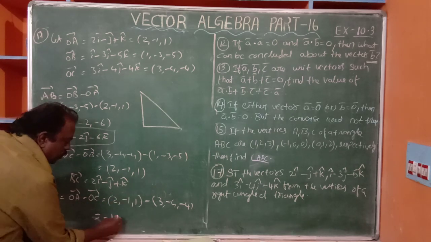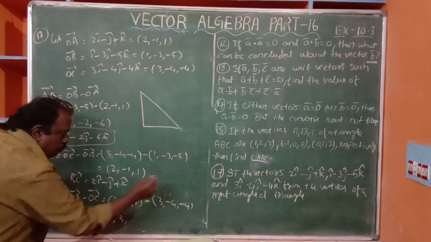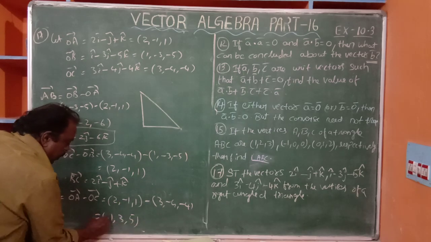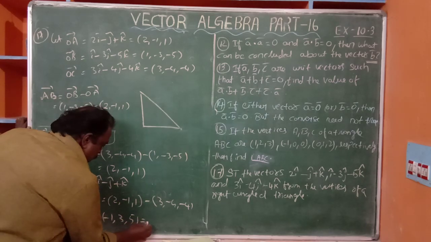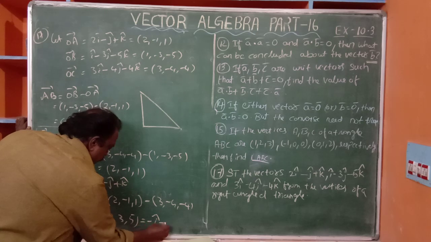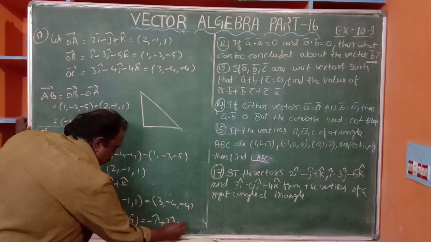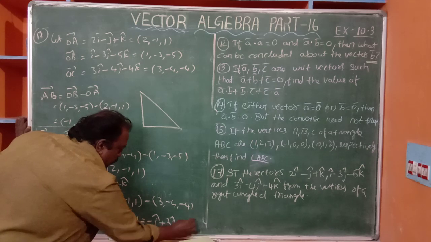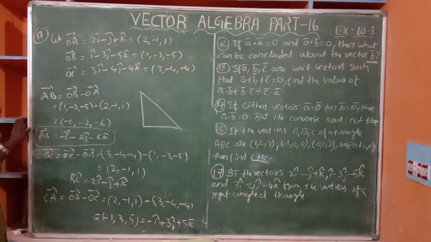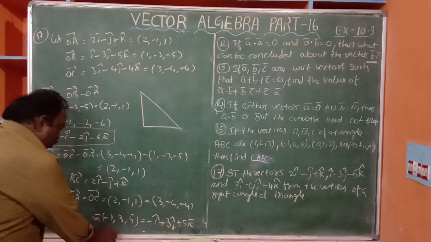Minus 1 plus 4 is 3. 1 plus 4 is 5. That is minus i plus 3j plus 5k. That is the CA bar. First we find AB bar, BC bar and CA bar.